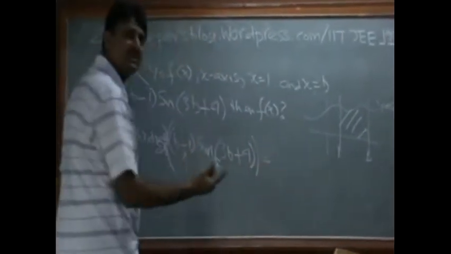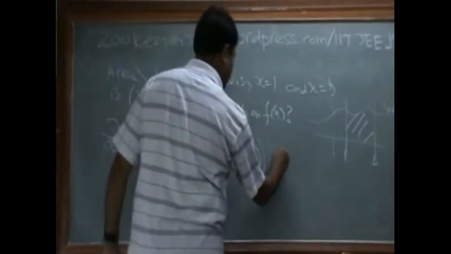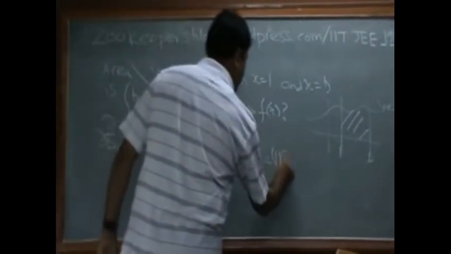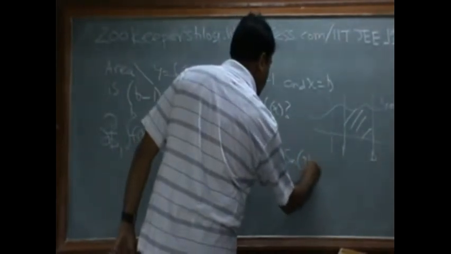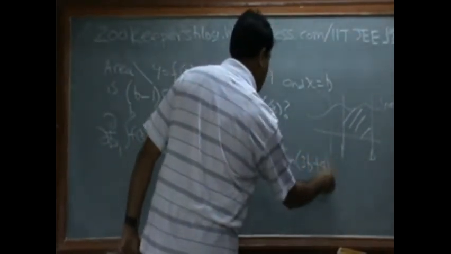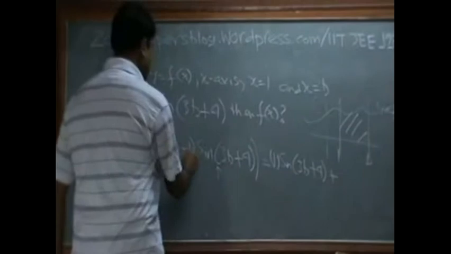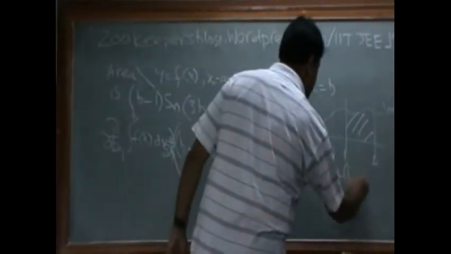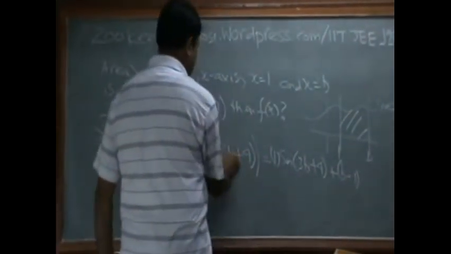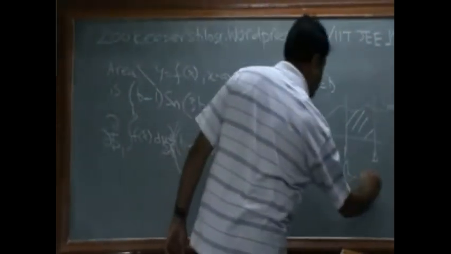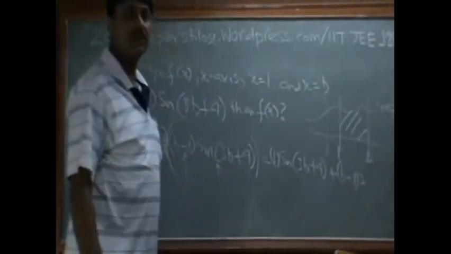So b minus 1 differentiation is 1, and sin 3b plus 4 plus b minus 1, and 3b differentiation will be 3.